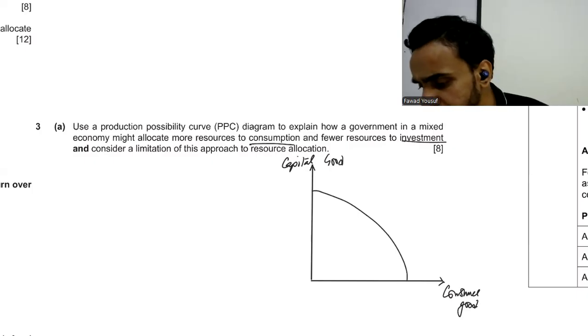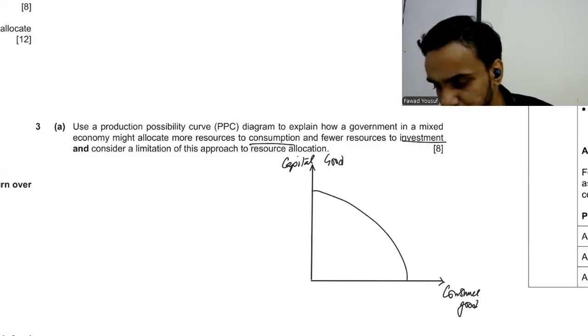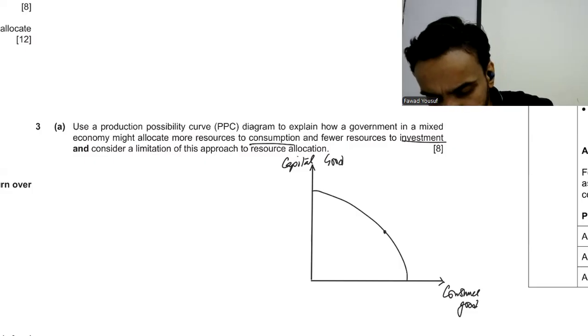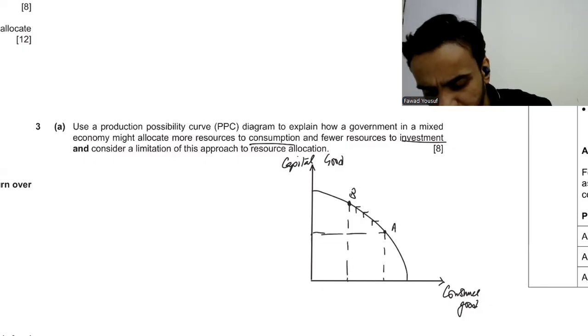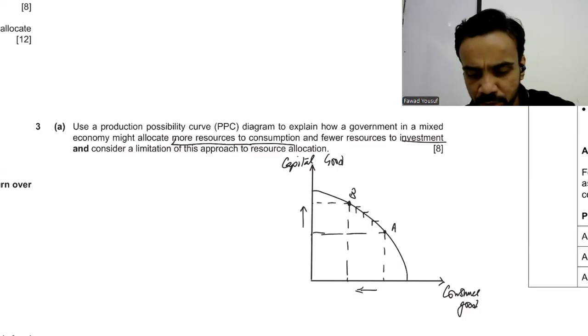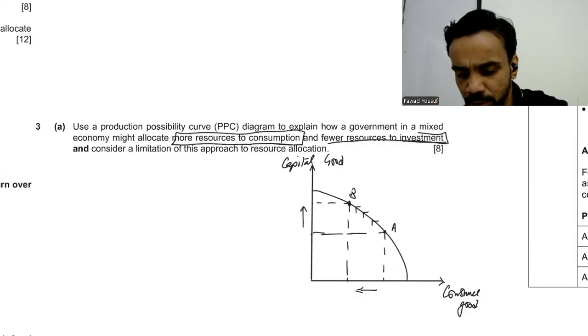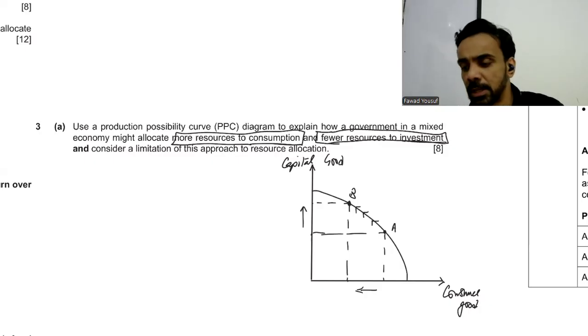Anything else in the diagram, any specific direction? We want to show that we're going from point A to point B. We're going away from consumer goods and we're going towards the capital goods, because they're saying more consumption, so consumer good, and fewer resources in investment, so capital good. Accompanied by an explanation.